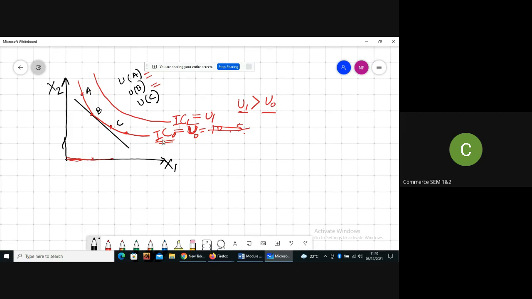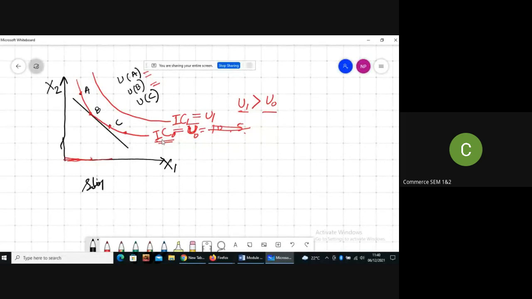The slope of this tangent is nothing but delta x2, or the change in commodity 2, divided by delta x1. So the value of this slope will be negative because, say, compared to point B, if you move to point C, that means at point C you are getting a higher amount of x1.